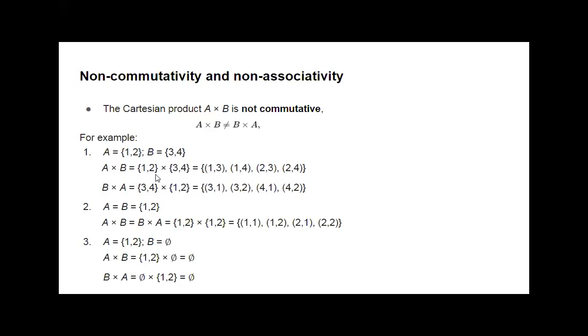How are we going to take the Cartesian product? All the elements are ordered pairs. In that, the first element will be from the first set and the second element will be from the second set.